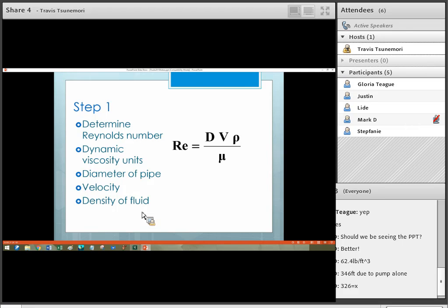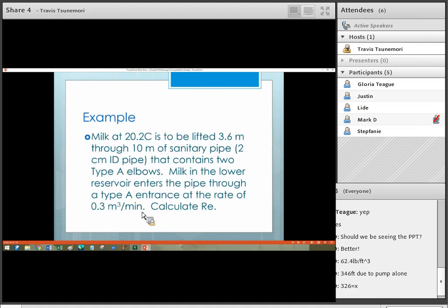So here's where we're going to need to have some tables to get our dynamic viscosity and density of different fluids. Okay, so the first thing we're going to do is practice calculating our Reynolds number.